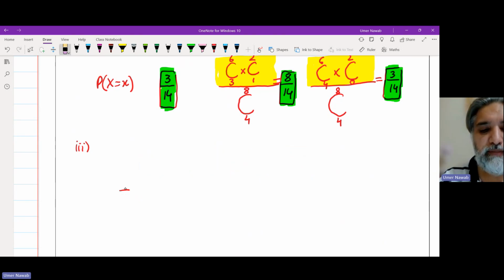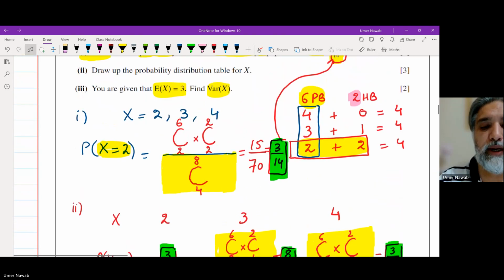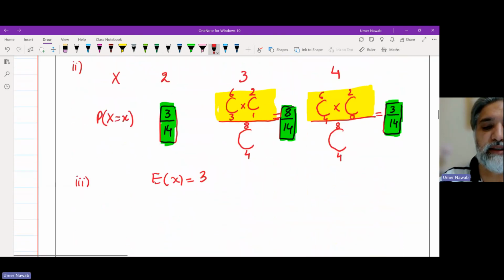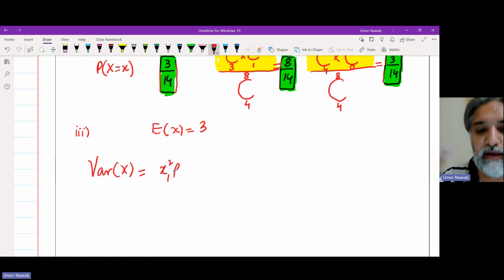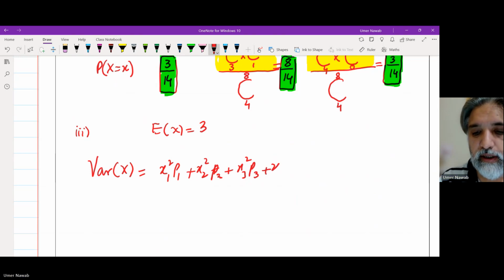This is already given. Expected value is how much? 3. Now he's asking you variance. The variance is equals to, you always have to take square of the random variable, then multiply with the corresponding probability, x2 squared, multiply with the corresponding probability, x3 squared, multiply with the corresponding probability, x4 squared, p4.